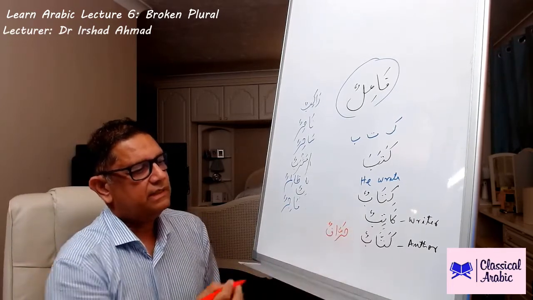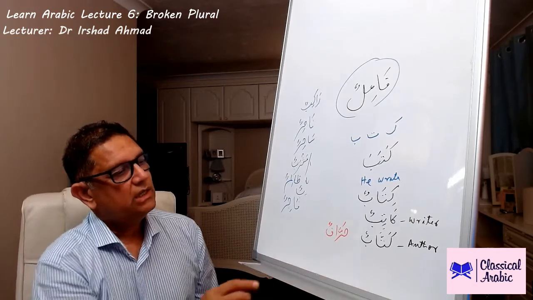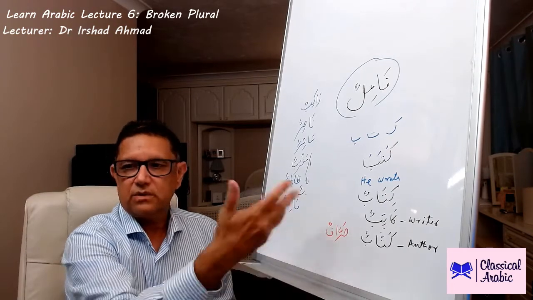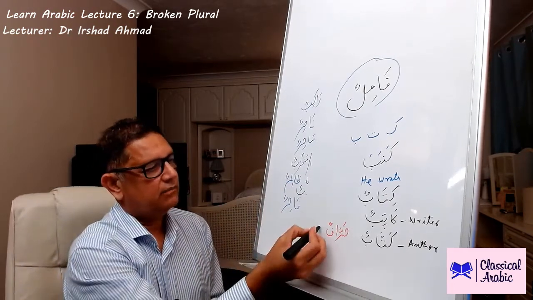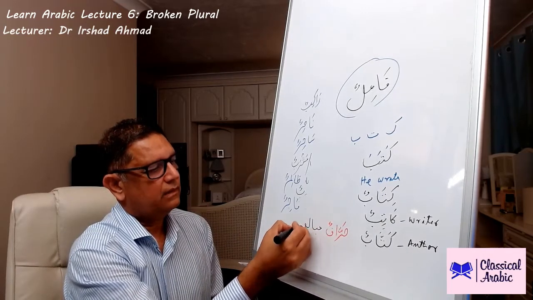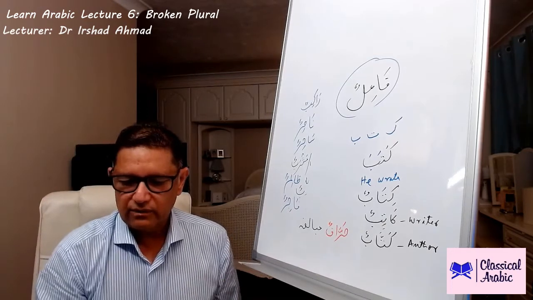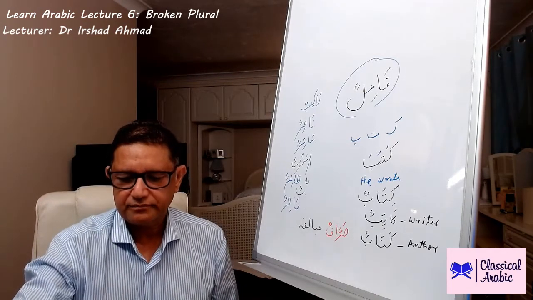Sarraf basically means money changer, money exchanger, someone who does this process all the time and excessively. This is called mubaligha in Arabic. So that was another word we made, similar to this kaf ta ba.